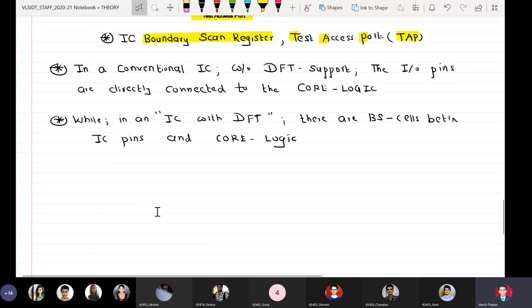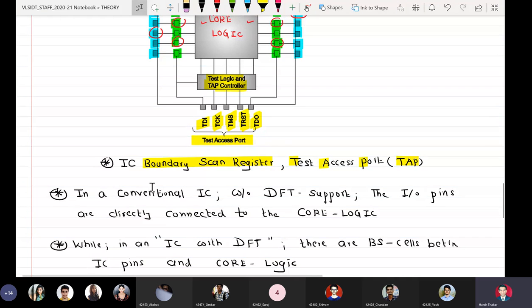Okay, and these are standard JTAG signals.